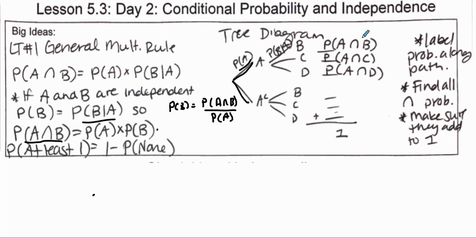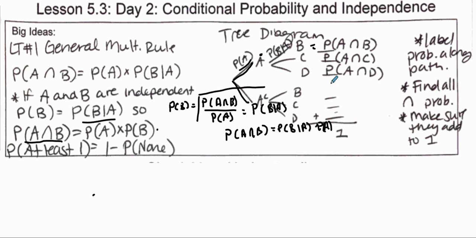Or if we have a tree diagram, we know that in order to find this A and B, we can multiply these two values together because this probability is equivalent to, as I said before, the probability of B given A. And so multiplying these two together, the probability of A and B equals the probability of B given A times the probability of A. And so that's how we can use a tree diagram to figure out the probabilities of both A and B, or A and C happening, and A and D happening, and so on and so forth.